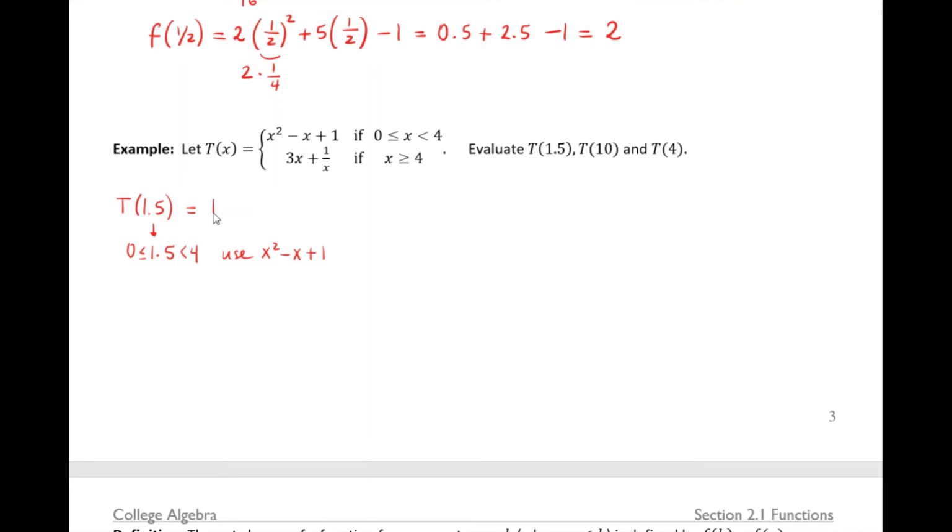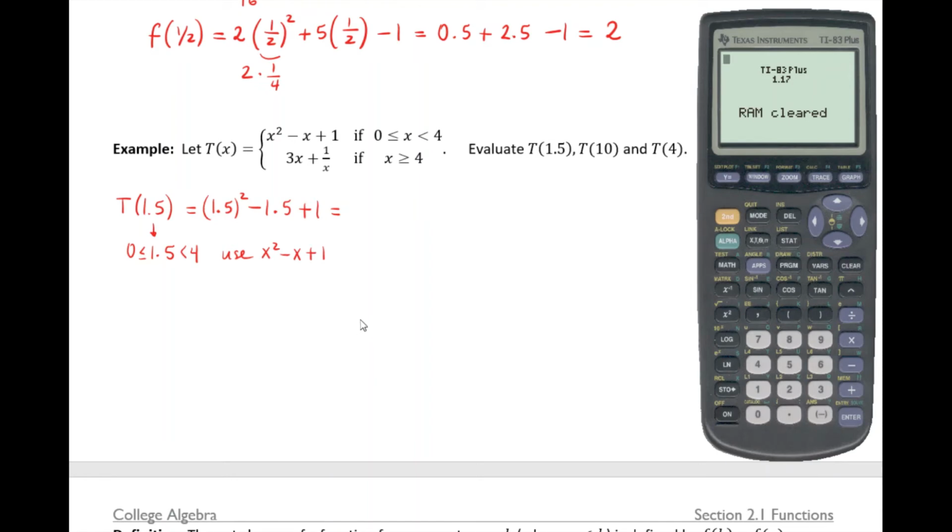So it's going to be 1.5 squared minus 1.5 plus 1. Let's use a calculator. So here's my calculator. I'll put 1.5 squared and then minus 1.5 plus 1. That's equal to 1.75.